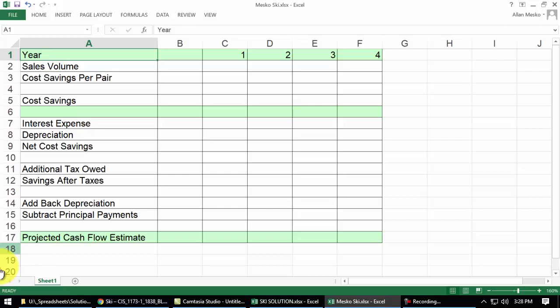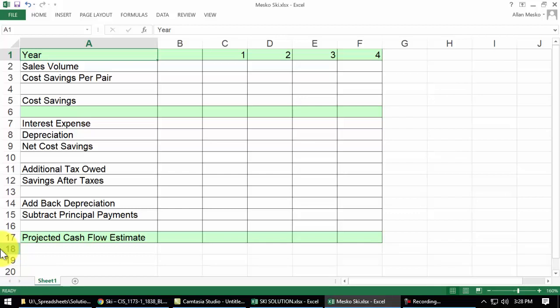So obviously we're going to have to manufacture a ton of these skis to recoup the cost of that machine. We have been asked to estimate a projected cash flow savings, if any, that will be generated by this proposed project over the next 4 years. So remember those numbers, 1.5 million and 4 years.